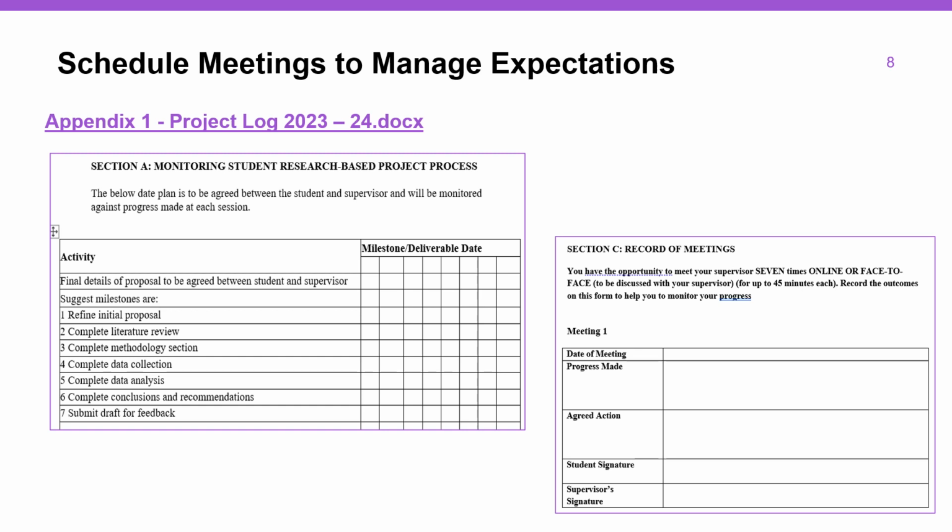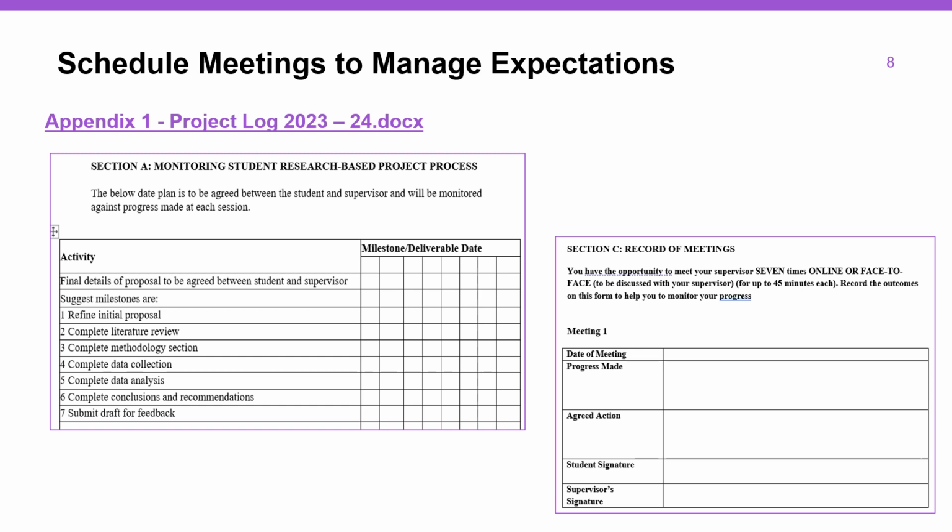In the meantime, once every meeting has taken place, please ask students to record the meeting, which is part of section C, record of meetings. Students need to record when the meeting took place, what progress was made, what was discussed, for example the proposal, and the actions, for example 1, 2, 3.